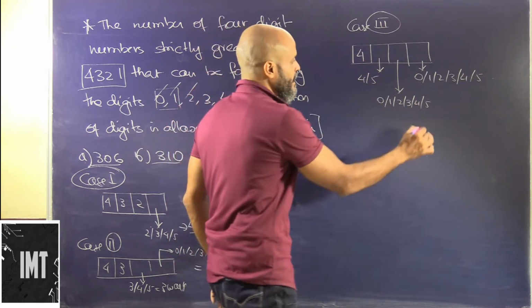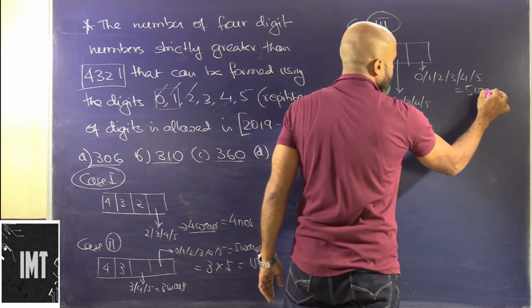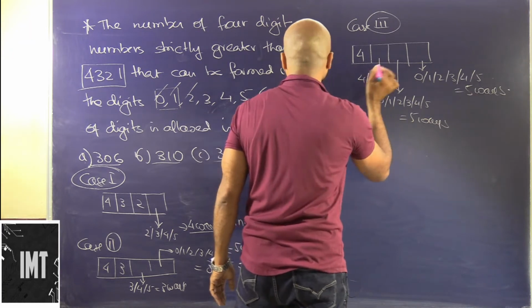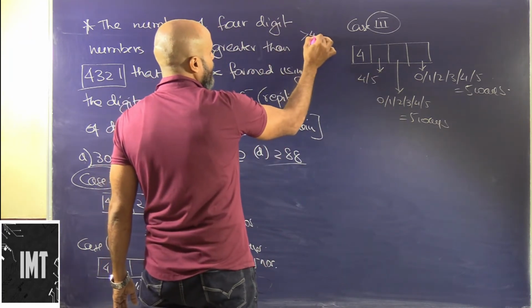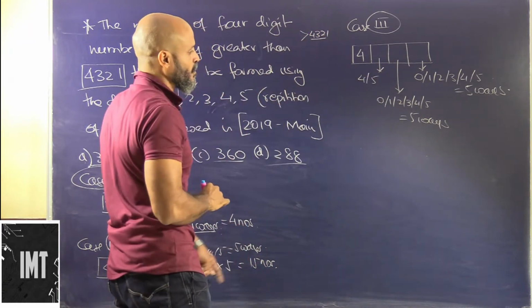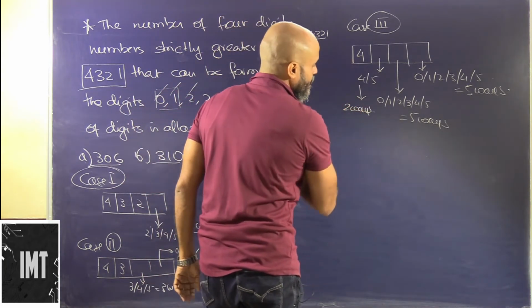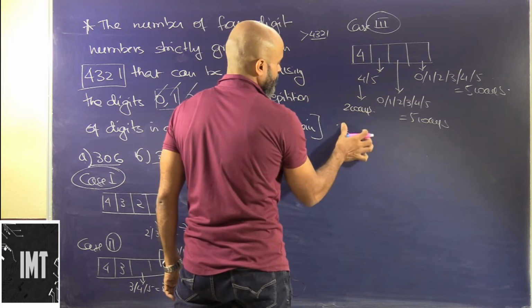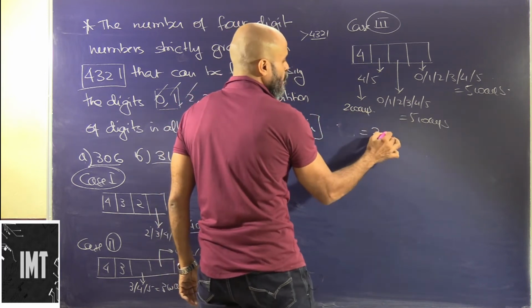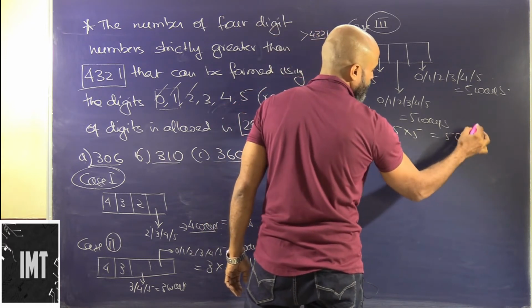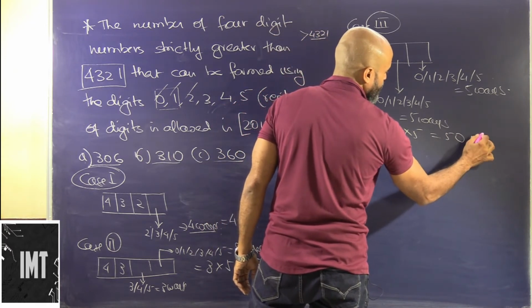All of these cases that we are taking are greater than 4321. So the total number of ways will be 2 into 5 into 5, so this will be 50 numbers that would be available.